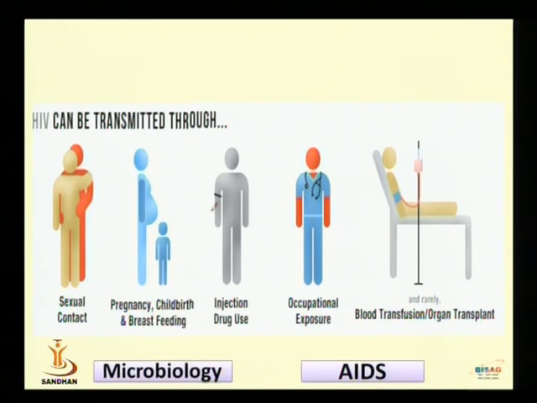When a doctor is performing a surgery on an AIDS patient, then through the blood, if he has not properly worn the gloves, then this virus can be transmitted to a doctor if he has got certain open wounds or cuts in his hands.